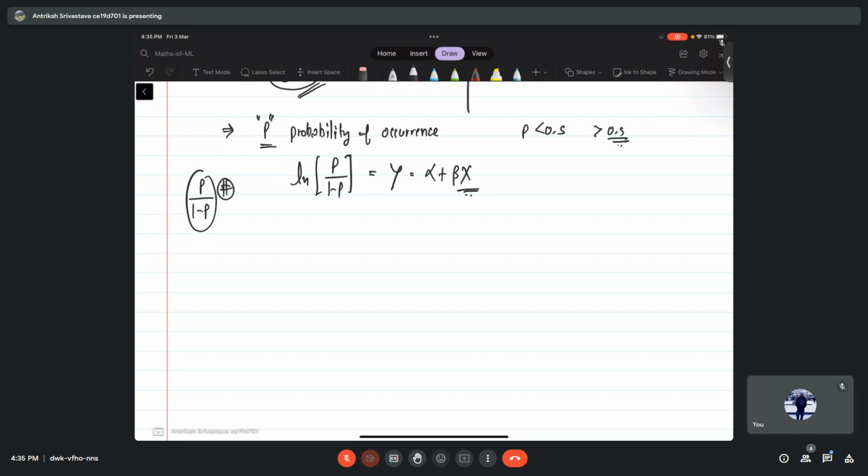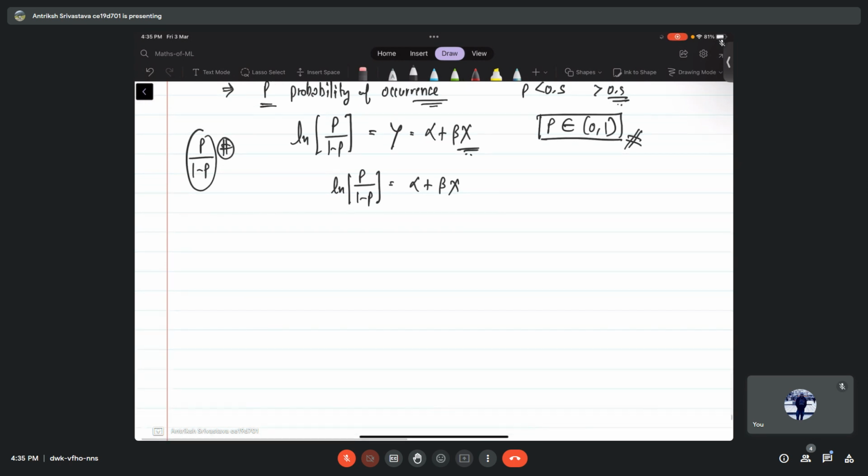Now, based on this alone, some people who are very good at math can say that since p is a probability, it must be between 0 and 1. But how do we get this confidence that actually p is going to be between 0 and 1?